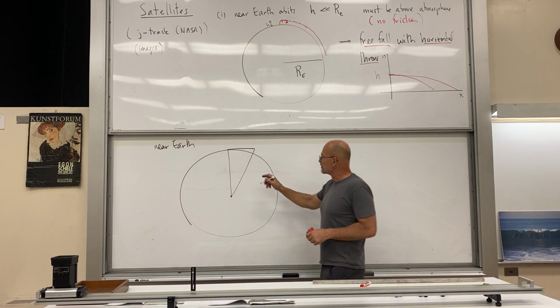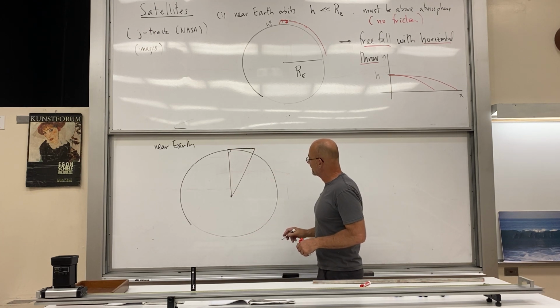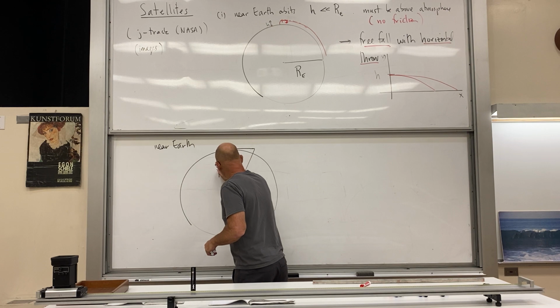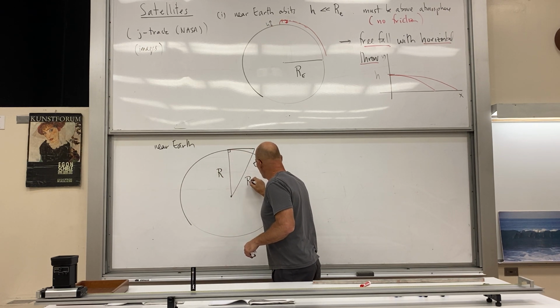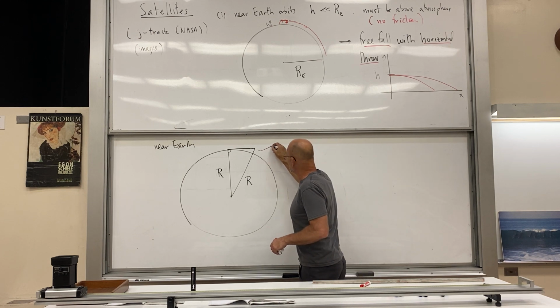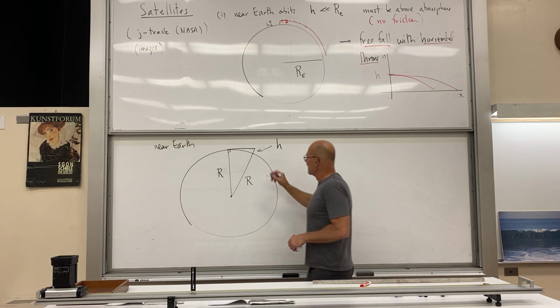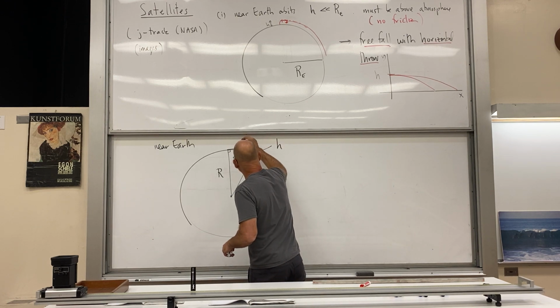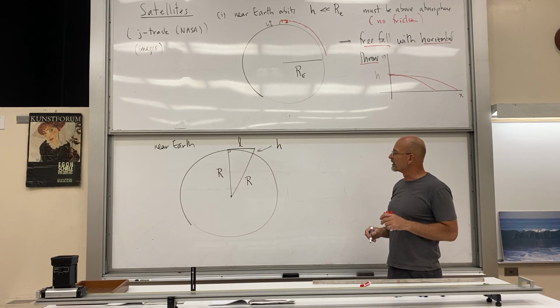Okay, so I have a right triangle, and apparently this is the radius of Earth, and here's the radius of Earth, and this little piece on the hypotenuse I'm going to call H. And this here, we're going to call it L. And now we're going to do the Pythagorean theorem.